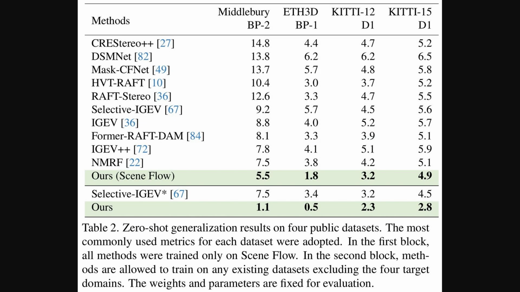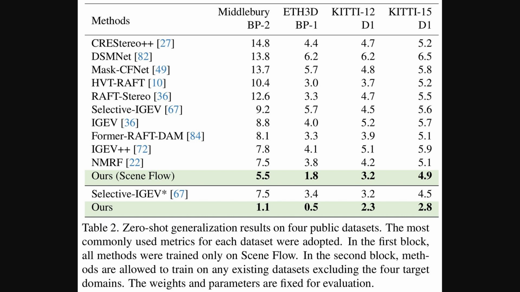Alright, so following up on that FSD dataset quality, this table, Table 2, really quantifies that zero-shot performance we've been talking about. It compares FoundationStereo, listed as ours, against other state-of-the-art methods on several standard benchmarks like Middlebury and KITTI. The key thing here is that lower numbers mean better performance, less error. You can see two blocks. The top one shows models trained only on the older SceneFlow dataset, and even there, ours does better.